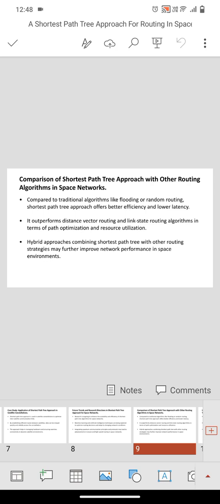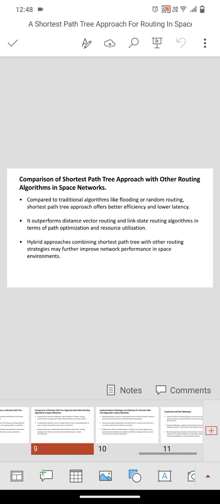It outperforms distance vector routing and link state routing algorithms in terms of path optimization and resource utilization. Hybrid approaches can also improve network performance in the space environment.